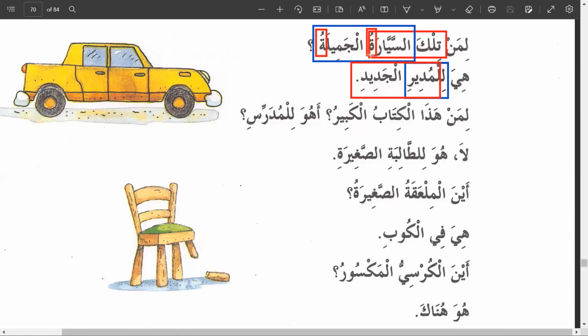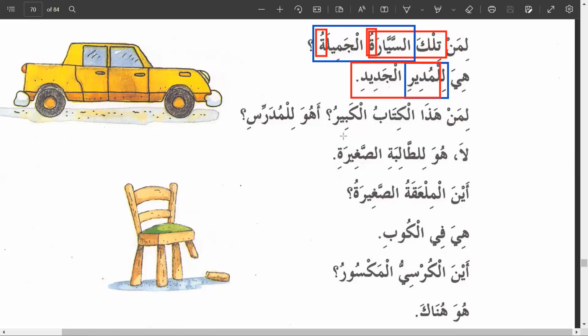As-sayyaratu is feminine with ta marbuta, which is very visible and prominent. That's why here is there, not huwa. So it's not because the Arabs said so. It's because ta marbuta is there. Okay. Next one.